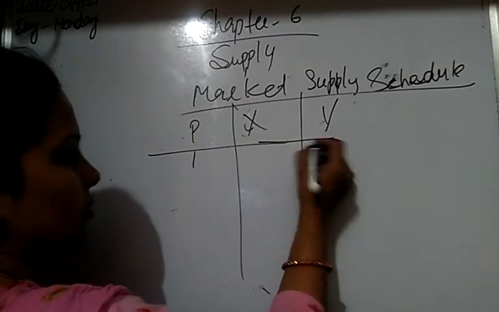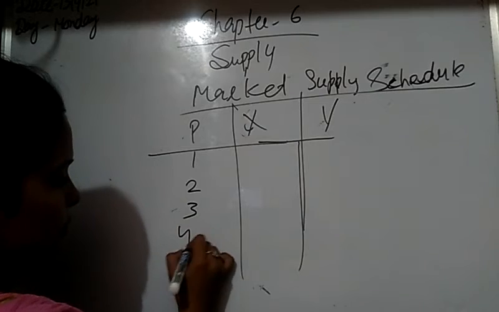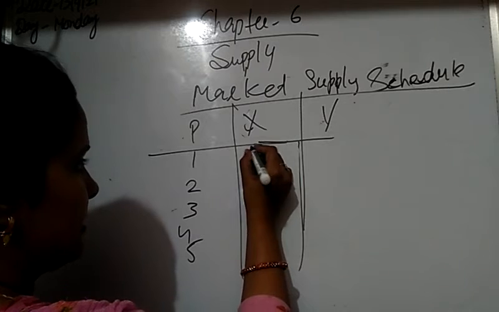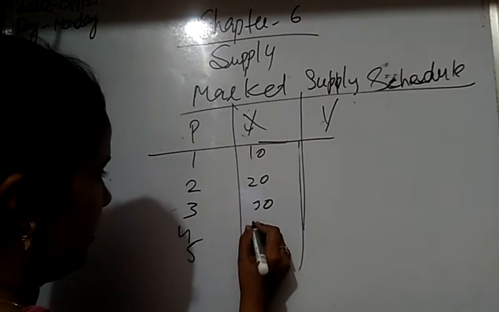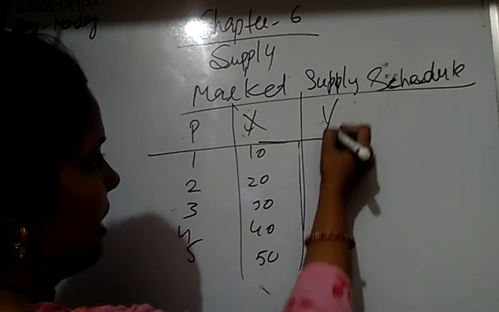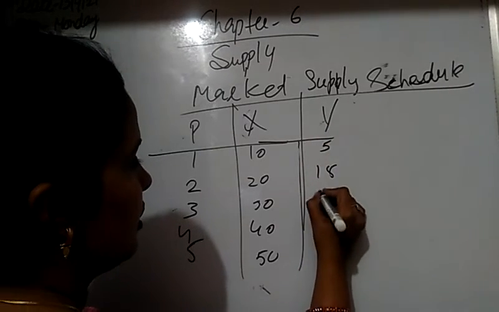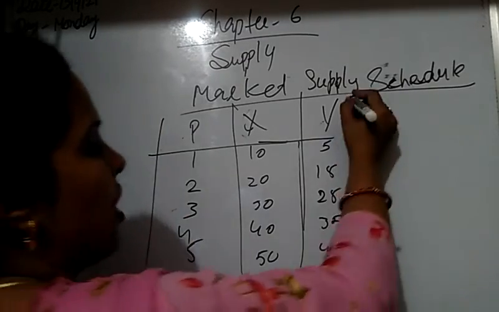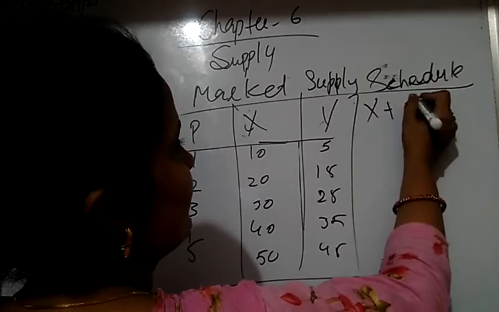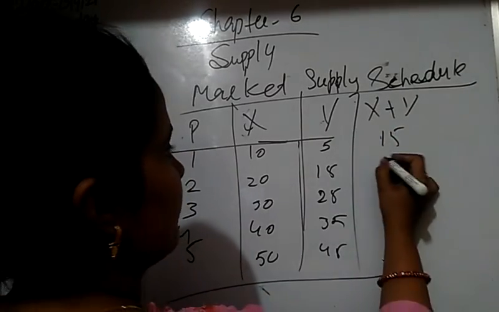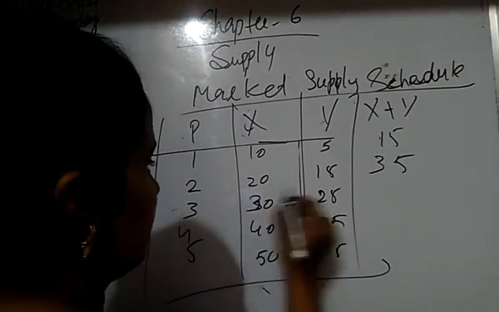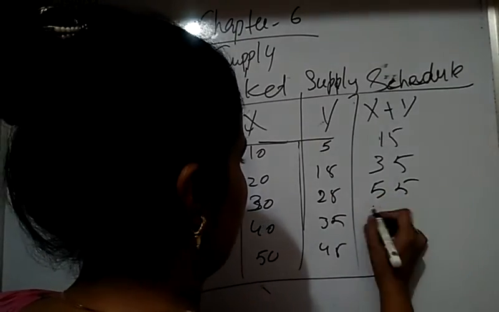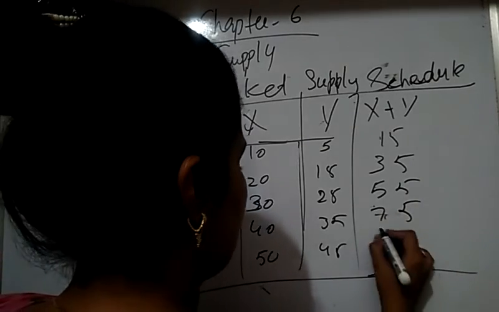The prices are the same, 1, 2, 3, 4, 5, and the supply of X commodity is 10, 20, 30, 40, 50. Supply of Y commodity is 5, 15, 25, 35 and 45. Now if I total up this X and Y supply, it is 15, 35, 55, 75 and the next is 95.